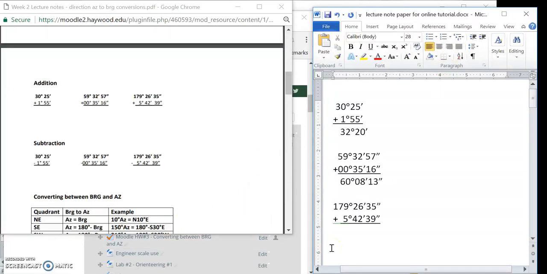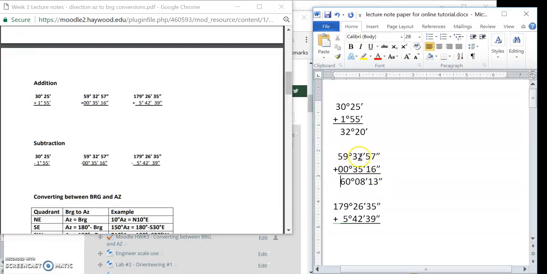So with the magic of hitting the pause button, I was able to go ahead and type those in and show you the correct answer here. Again, 7 plus 6 is 13, carries the 1 over. So 1 plus 5 plus 1 is 7, so basically this ends up being 73. And I can only go up to 60, so 73 minus 60 leaves me 13 right there. I carry 1 over.